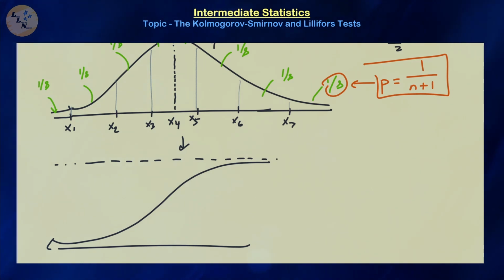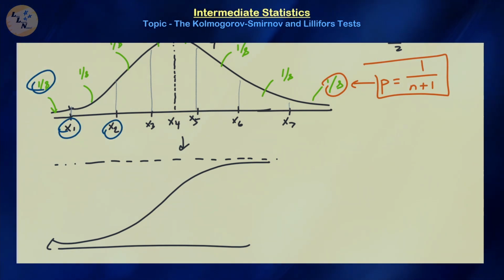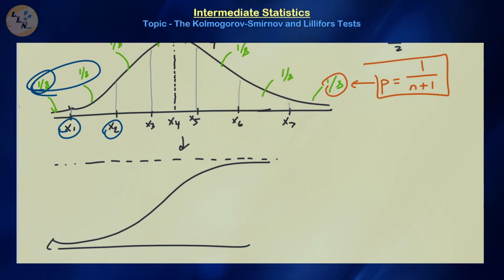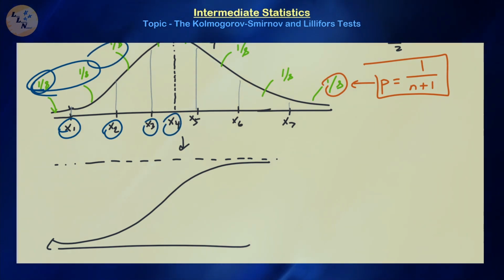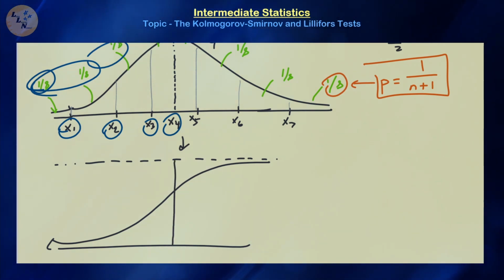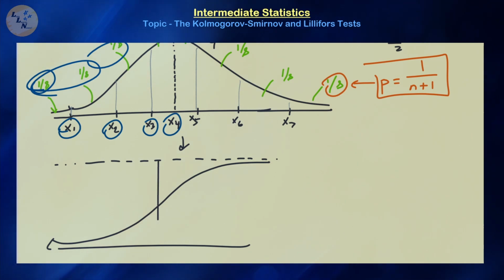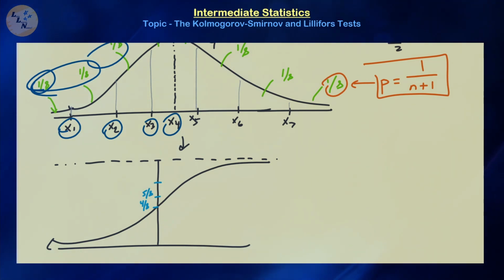Okay, so let's draw our percentages, for example, 1/8, 2/8, 3/8, 4/8, 5/8, because up to x1 the value should be 1/8, up to x2 it should be 2/8, up to x3 it should be 3/8, and then up to x4 it should be a half, or 4/8. So let's draw our values there. That's not really symmetric. Let's draw a line a little bit there so it looks a little bit more symmetric. So 4/8 should be there, and then 5/8, and then 6/8, and then 7/8, and then we're going to have 3/8, 2/8, and 1/8.